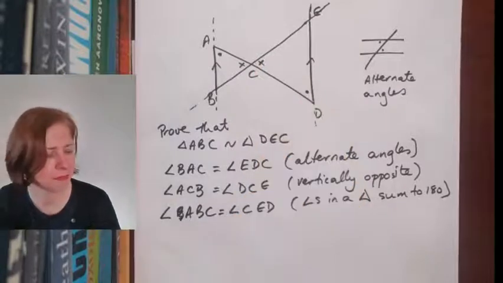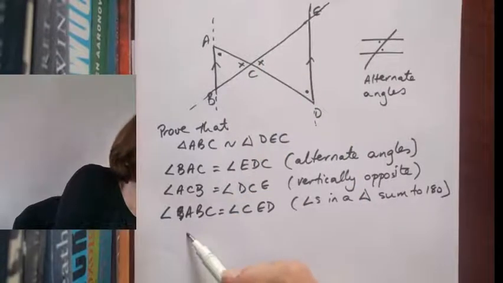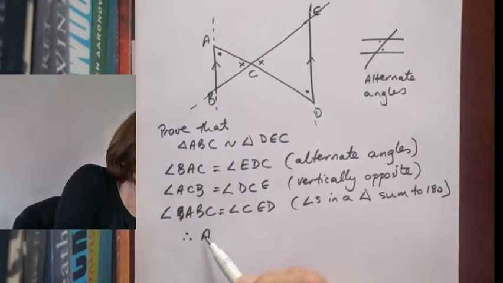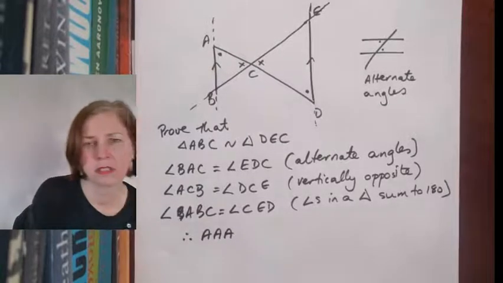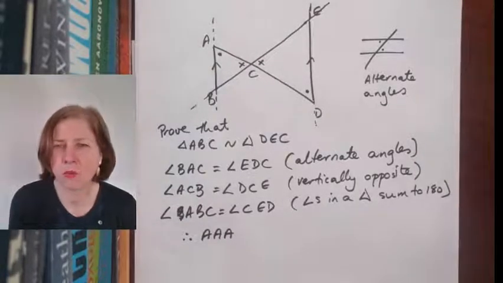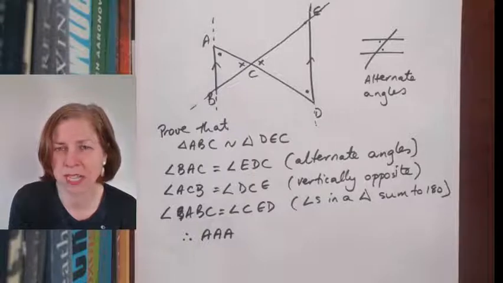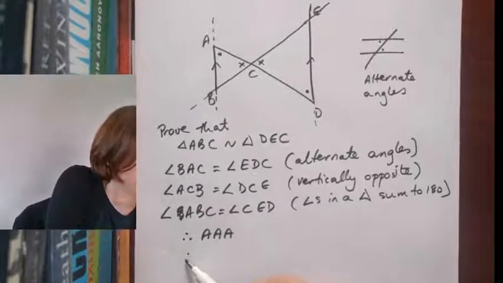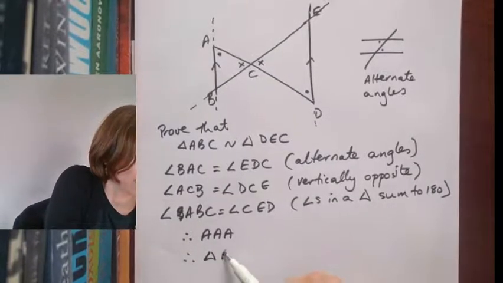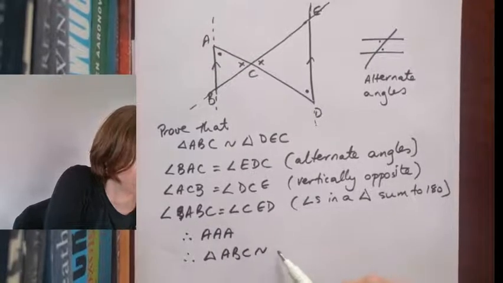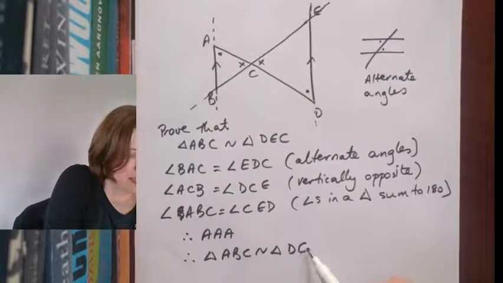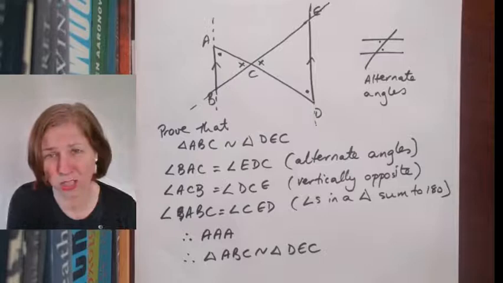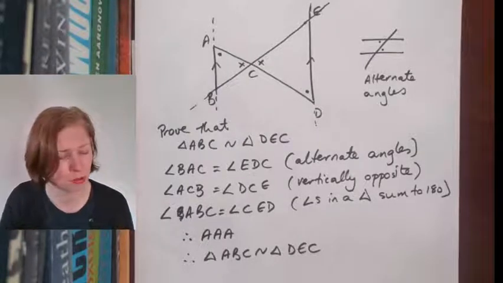All right. Therefore, I have shown angle, angle, angle. That is the shorthand for one of my 4 tests for similarity. Therefore, triangle ABC is similar to triangle DEC. Don't skip that last line. You'll lose your last mark if you do.